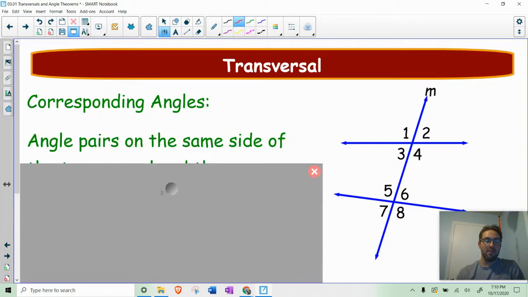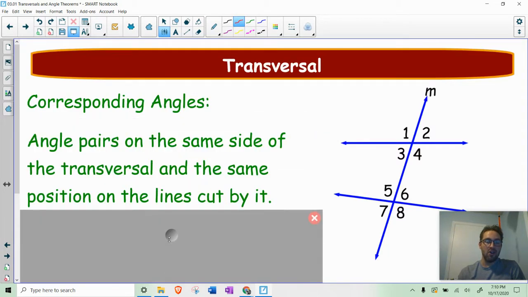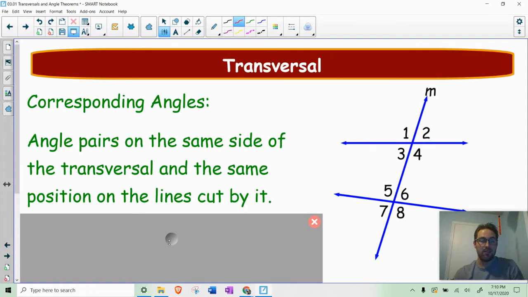So the last ones we have are called corresponding angles. Corresponding angles are angle pairs on the same side of the transversal and the same position on the lines cut by it. The way that I think about it is by just doing a big F relationship. So if I'm thinking about this angle 8, the corresponding angle to that is when I just slide everything up so it's in the same spot.